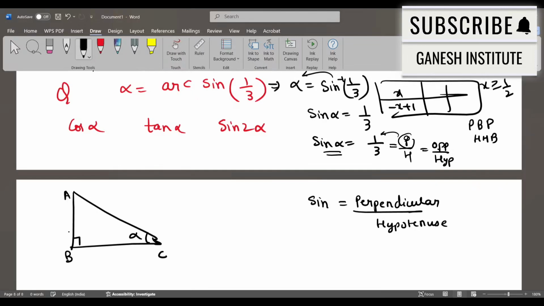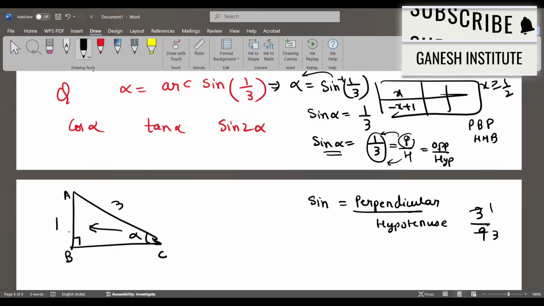I know we cannot exactly take this, because if I have 3 by 9, then also this is just the ratio, not the exact value. But there are two ways of doing it. Perpendicular, you can assume 1. Perpendicular is opposite. Hypotenuse 3. So what will be your base by Pythagoras theorem?